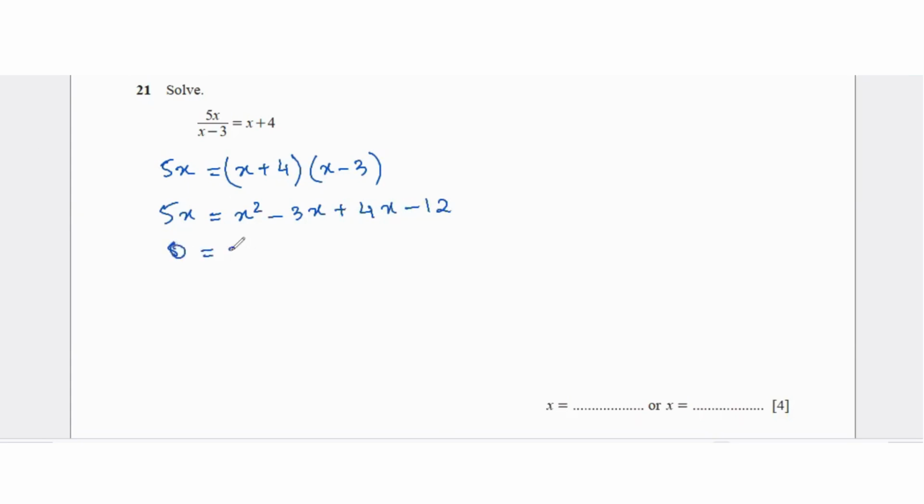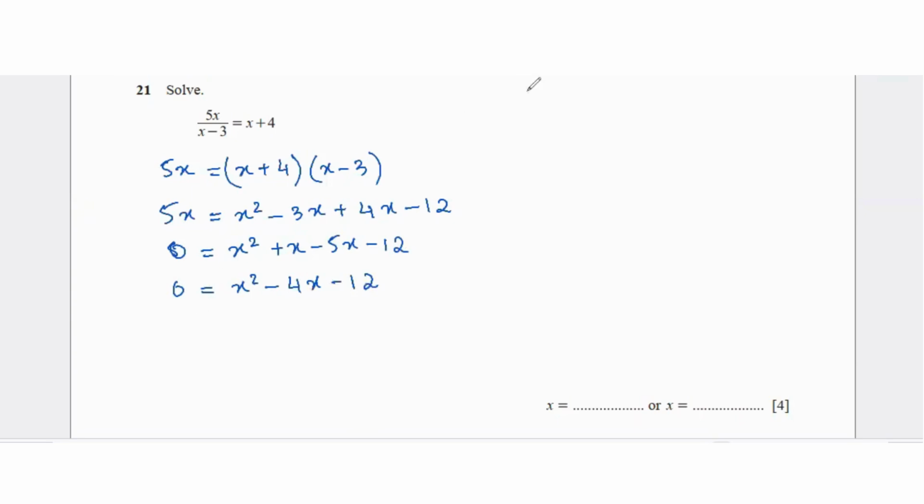Collect the like terms on each side and bring 5x to the right hand side as well. x squared minus 5x minus 12. x squared minus 4x minus 12.